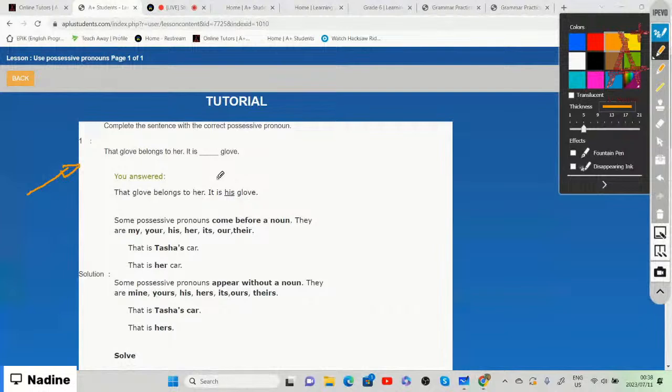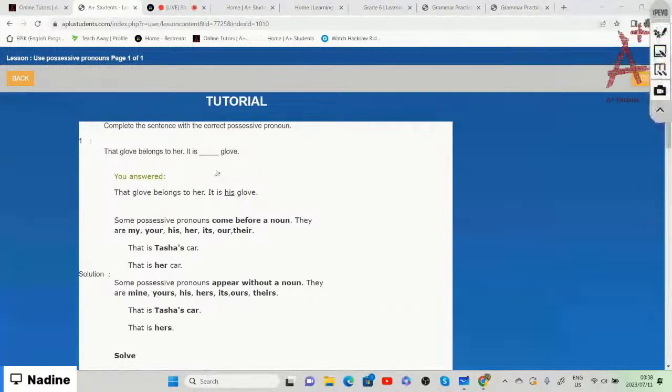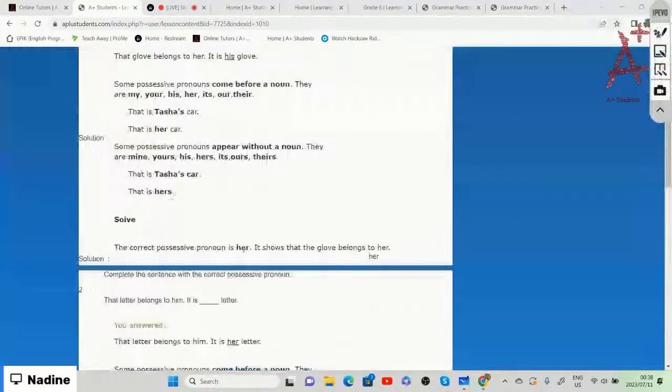Then we can say it is her glove. That's the possessive pronoun. So her shows that the glove belongs to her.